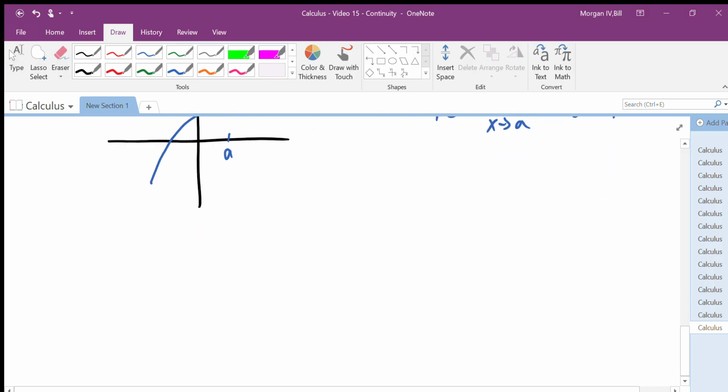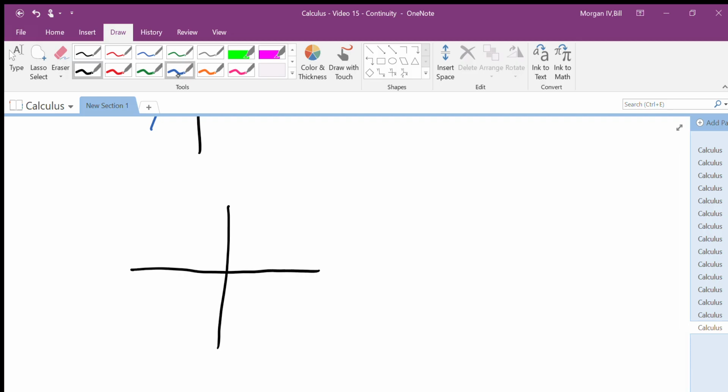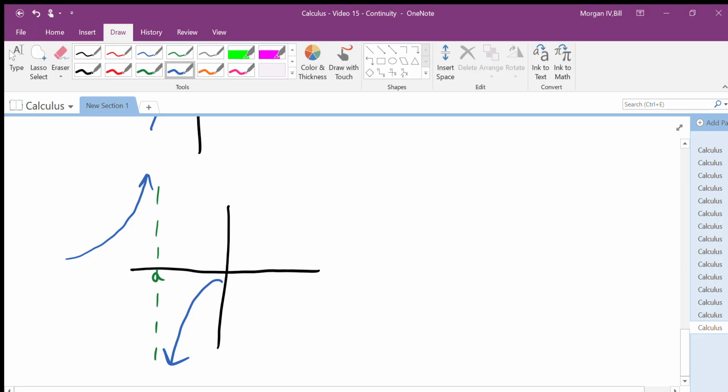Maybe one more. Let's try the one where we have a vertical asymptote at A. Does that create a problem? Yes, it does. Not continuous. A couple of things are wrong with this one. One, f of A does not exist. There is no y value here. There's no point at A, right?